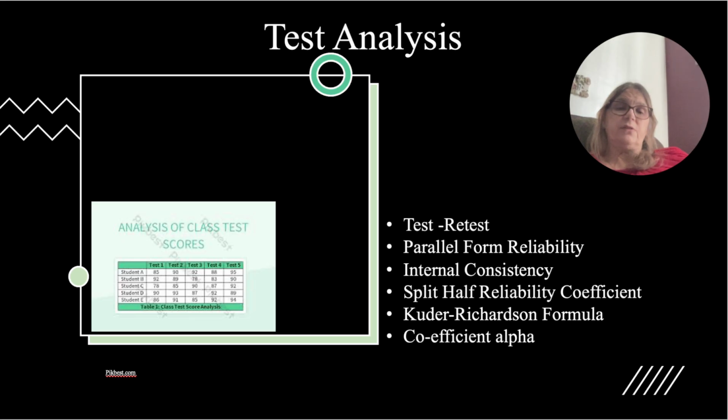We can do internal consistency, split-half reliability coefficient. There's the Kuder-Richardson formula that we can use, coefficient alpha. These are all different things that we can do to evaluate our tests to see that we have the right tests for our students, the reliable test.